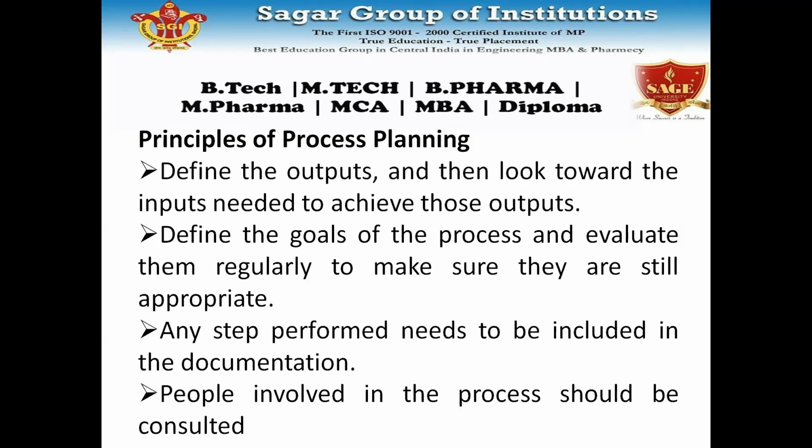If we know the outputs, then we must know the path by which we can achieve them, and we have to plan accordingly. Second is to define the goals of the process, and we have to evaluate them regularly to assure that they are still appropriate. We have to take feedback regularly so that we can ensure that we are going in the right direction.